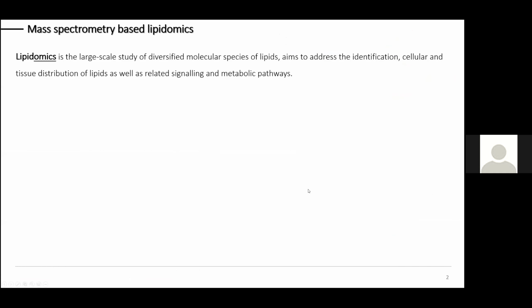How can we do mass spectrometry-based lipidomics? Lipidomics, as Valerie defined already yesterday, stands for the large-scale study of lipids, so diversified molecular species of lipids, to address their identification, cellular and tissue distribution, as well as to understand their signaling and metabolic pathways.